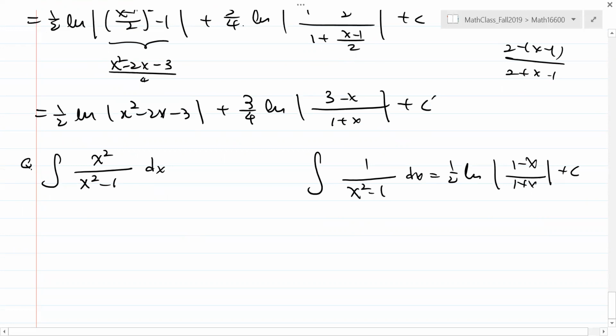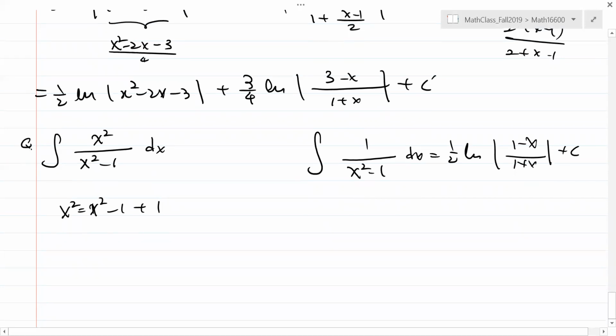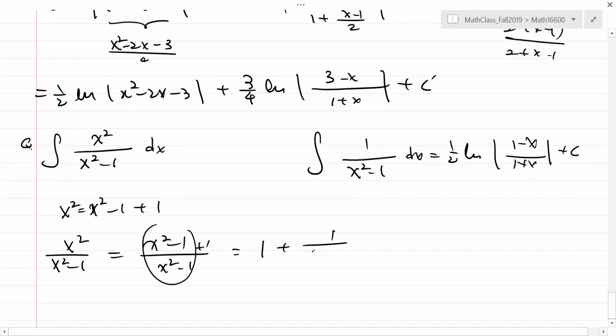what is the next step? Well, there's a quick way to do it. x squared is going to be x squared minus 1 plus 1. That sounds trivial, but it's not easy to get. Okay. So it's going to be (x squared minus 1 plus 1) over (x squared minus 1), then this part will be 1. Then change it to a very simple function.